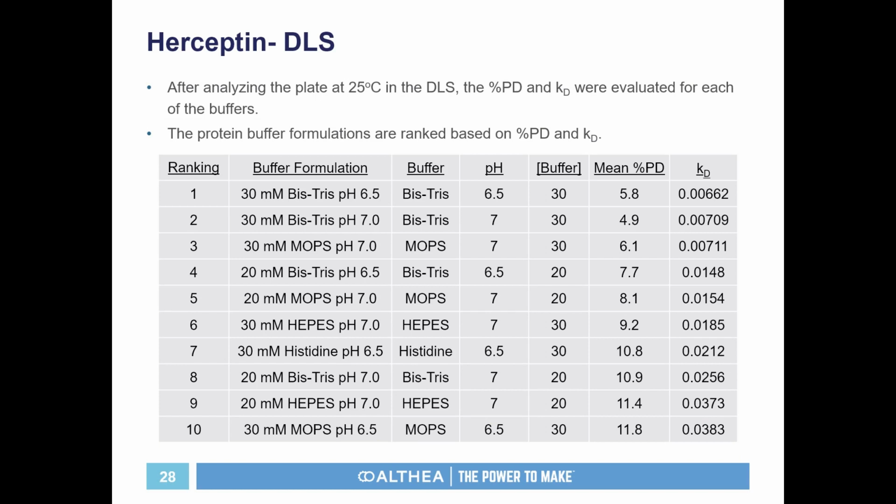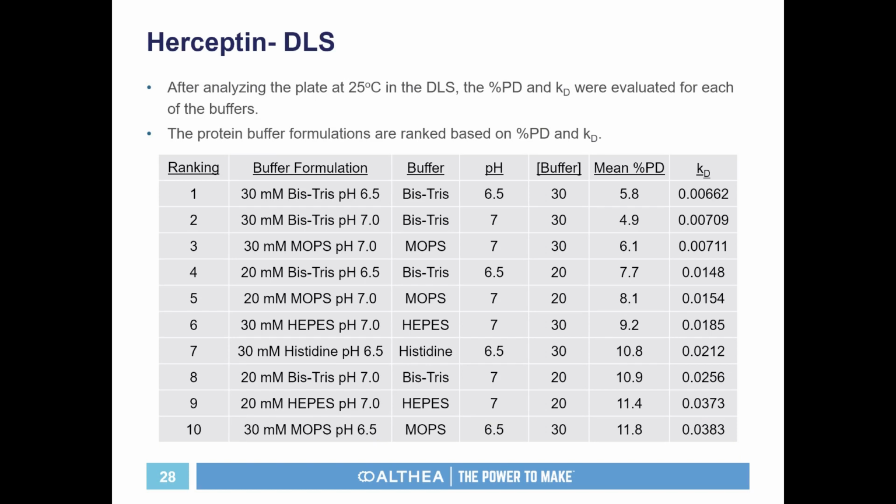The first case study that I'd like to speak about is with Herceptin. Herceptin is a commercially available mAb, quite expensive, but we were able to purchase some for the use here at Ajinomoto Althea.